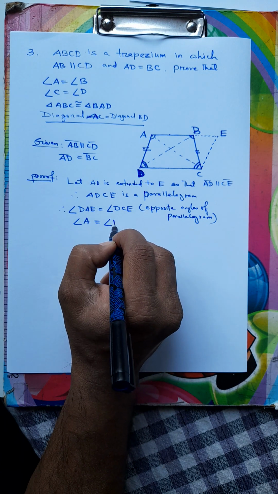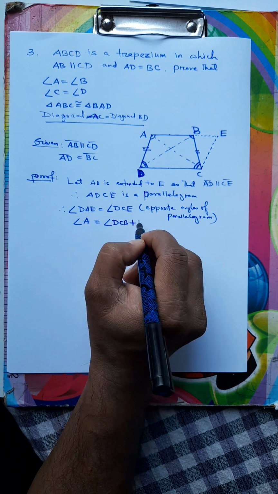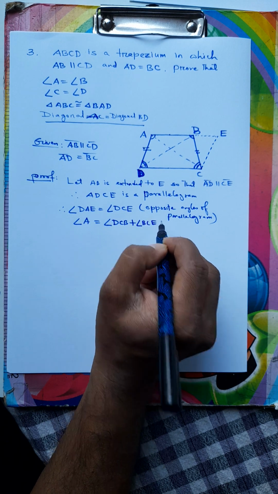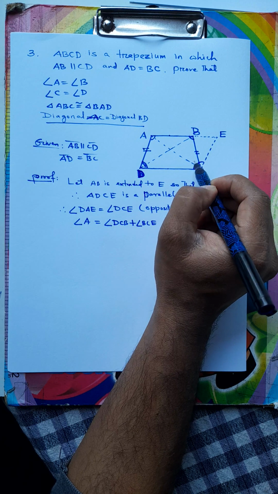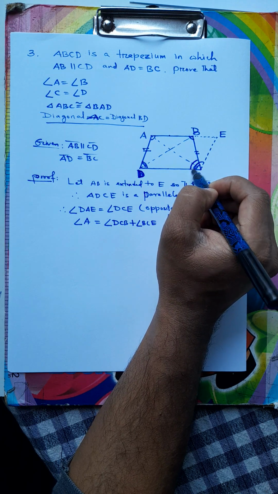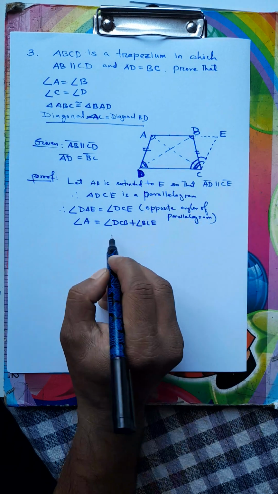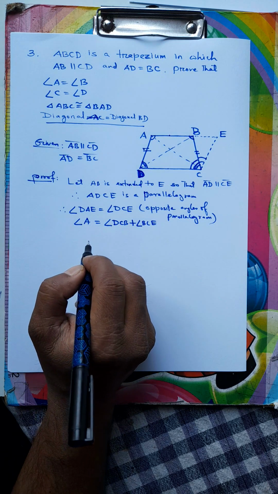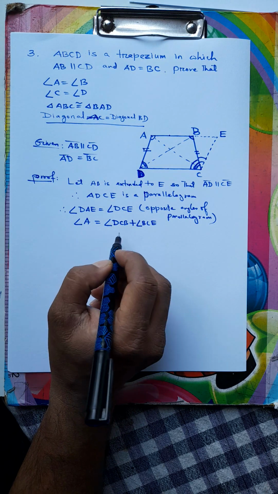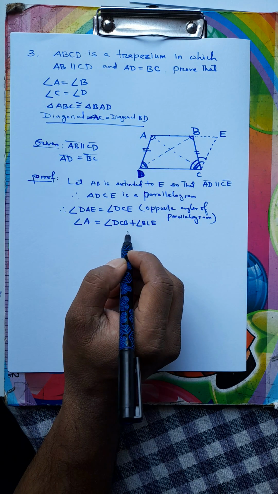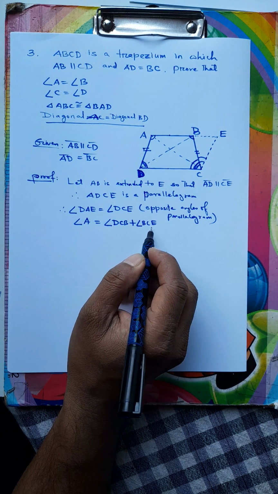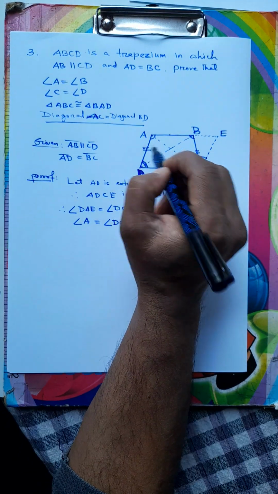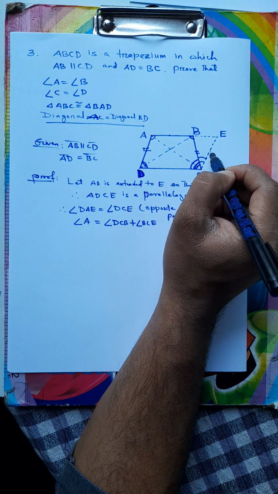DCE can be written as DCB plus angle BCE. That means angle A equals the sum of angle DCB plus angle BCE, right? So angle A equals angle DCB plus angle BCE.